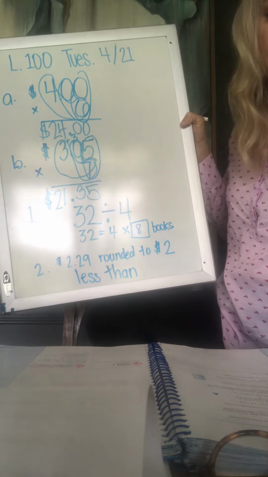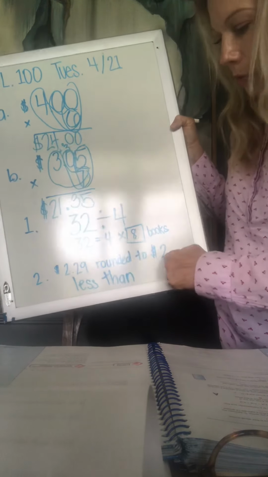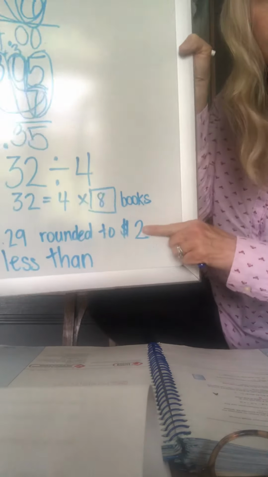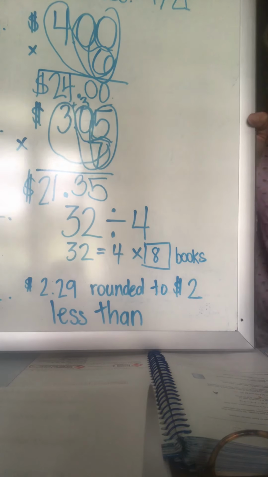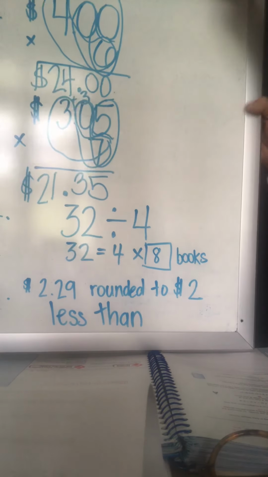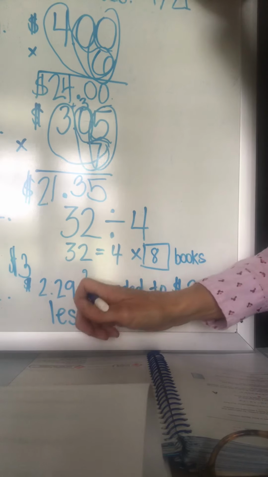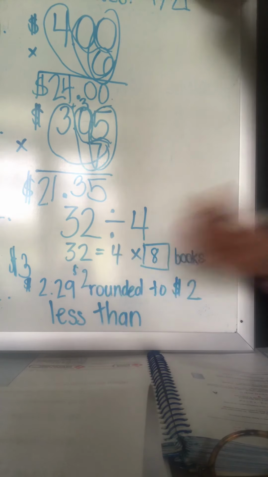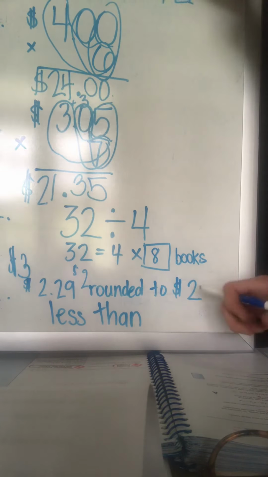Okay, so if the juice was $2.29 per bottle and he rounded it to $2, is he going to have greater than or less than the amount that he actually needs? Well, did 229 go to $3? Or did it round down to $2? It rounded to $2. If it goes to $2, then he is going to have less than he actually needs.